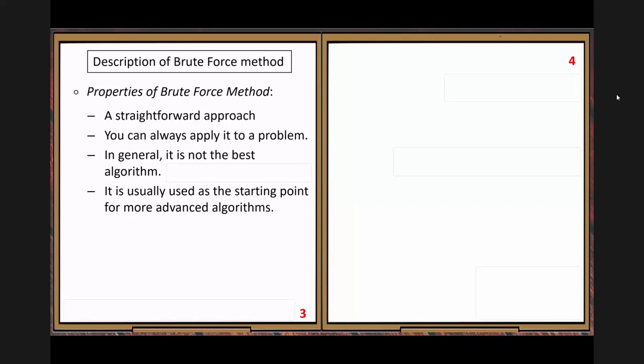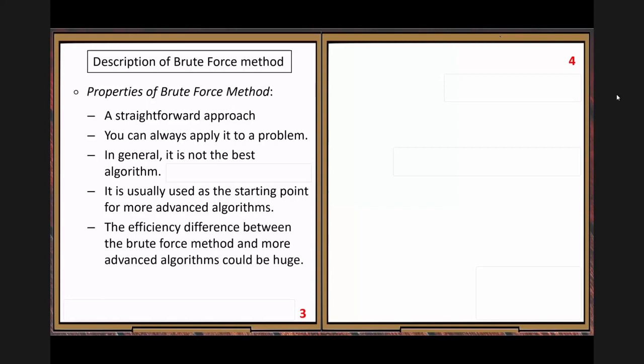You need to build up some experience. So some people use the brute force method to get started on one particular computing problem.